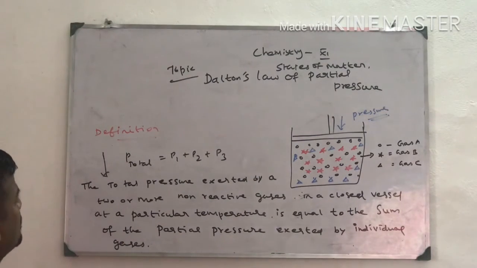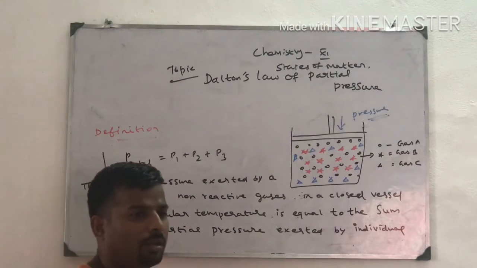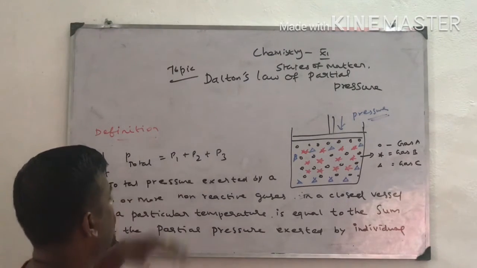So this is the definition of Dalton's law of partial pressure, and this is the equation.